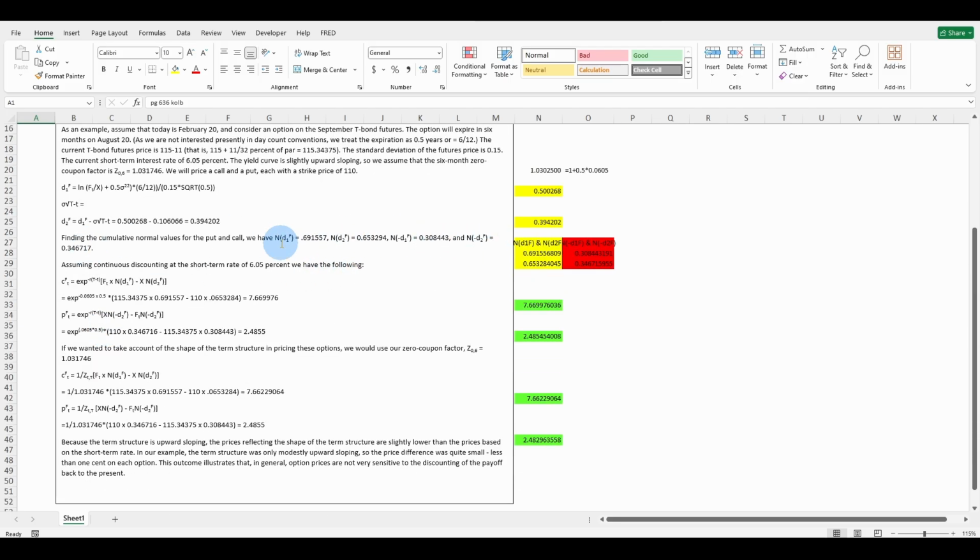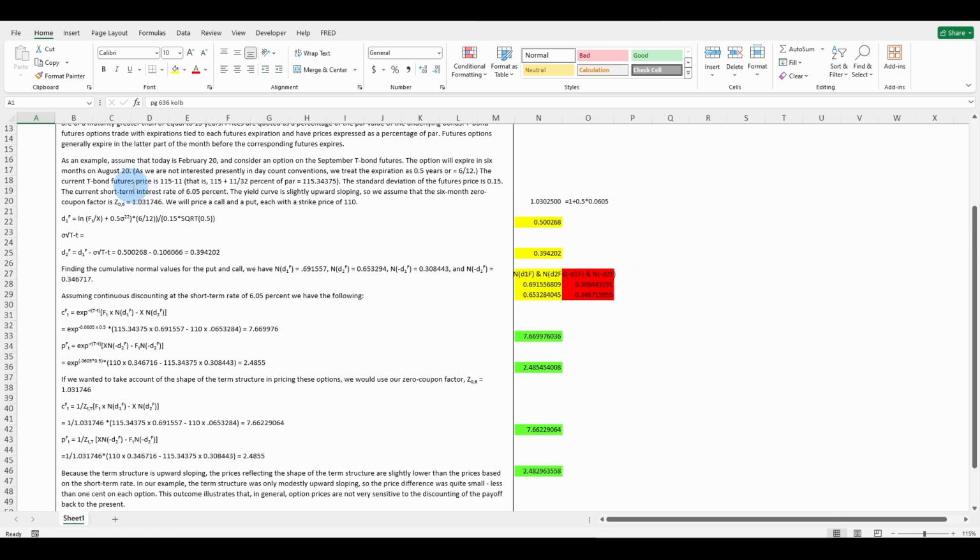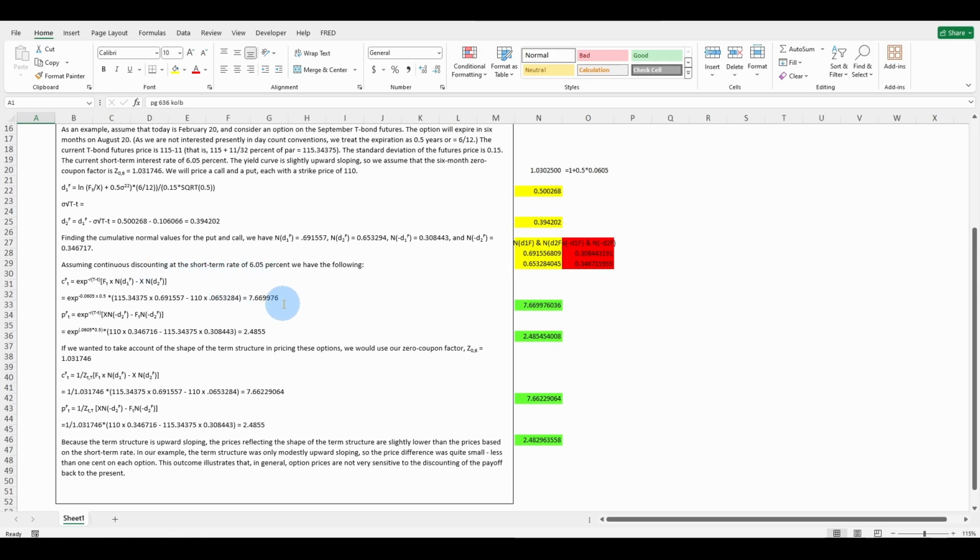Assuming continuous discounting at the short-term rate of 6.5%, we have the following. That was the answer: continuous discounting. So we have C equals e to the minus rT times F times N(d1) minus X times N(d2). You're just plugging and chugging here.